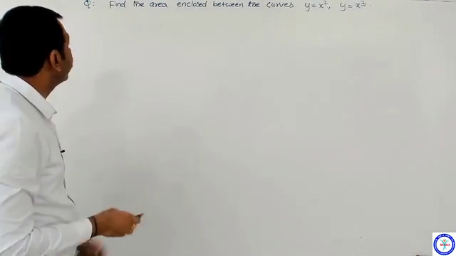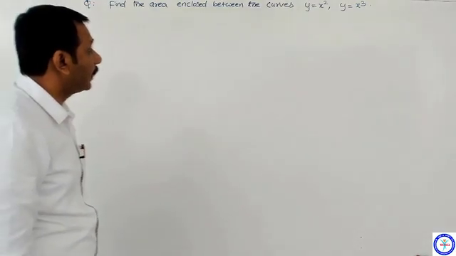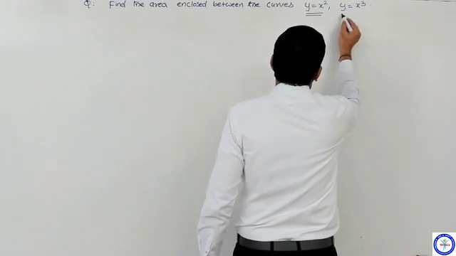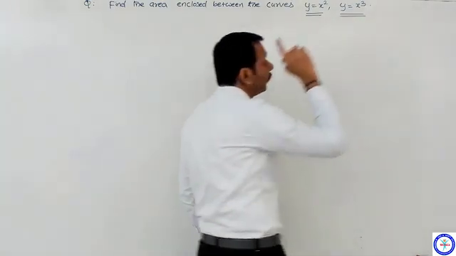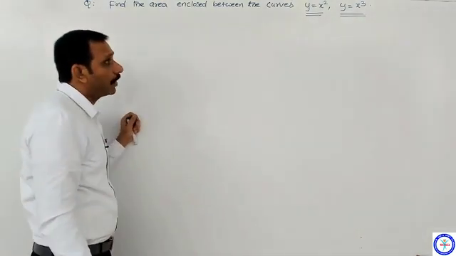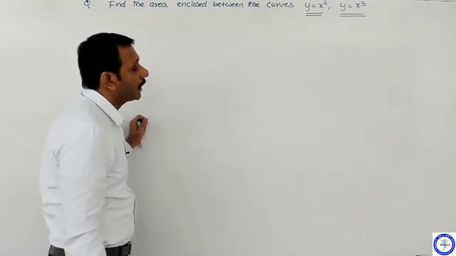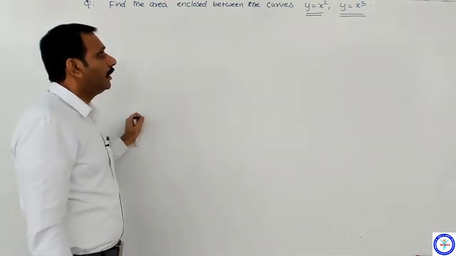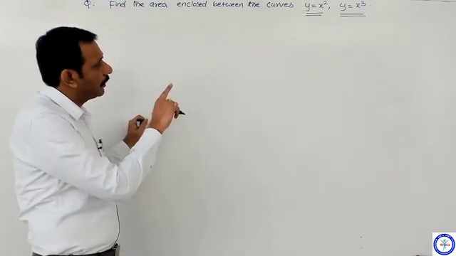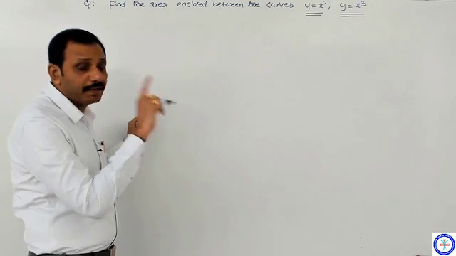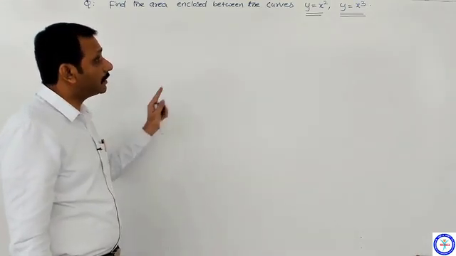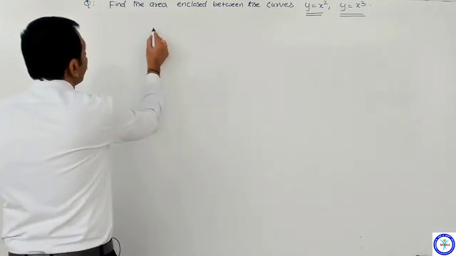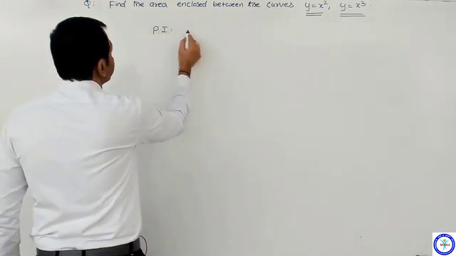Look at this problem. Find the area enclosed between the curves y equal to x square and y equal to x cube. One is a parabola and the other one is the cubic equation y equal to x cube. Listen. Like previous problems, we need the area between these two curves. First, let us try to find the points of intersection.